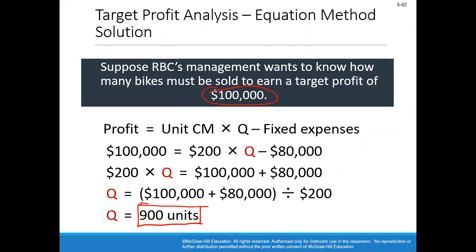Obviously there are some assumptions. If I change this number, obviously the result will change. If the fixed expenses are not this amount, or the contribution margin is greater, you need to think about which components have changed.